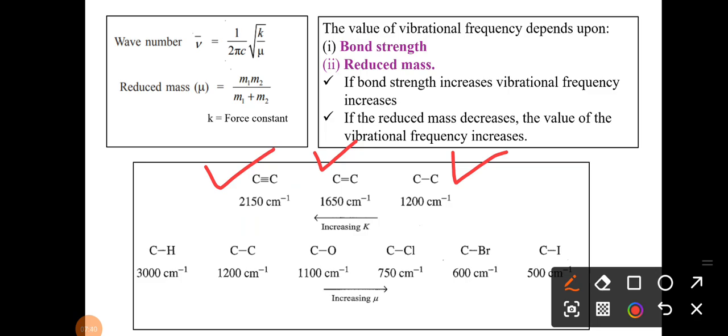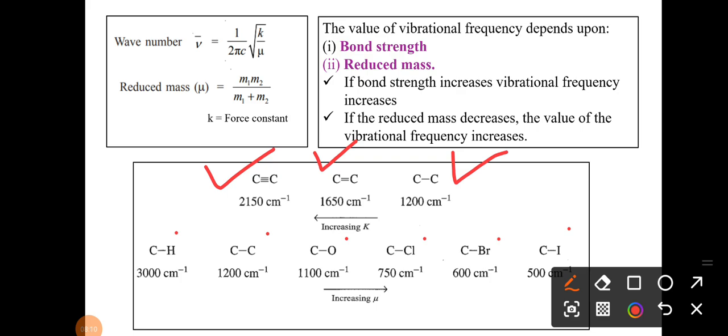In the second example, we are looking at reduced mass. All the atoms are attached to the carbon: first hydrogen, then carbon, oxygen, chlorine, bromine, and iodine. Among these, hydrogen has the lowest mass and iodine has the highest mass.